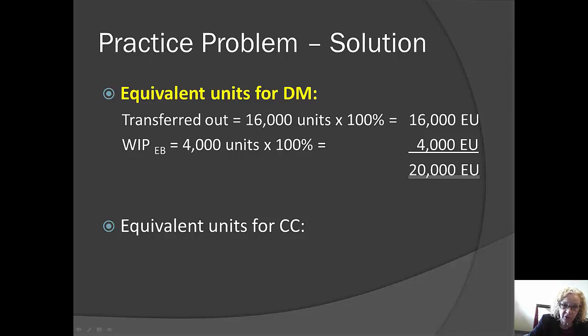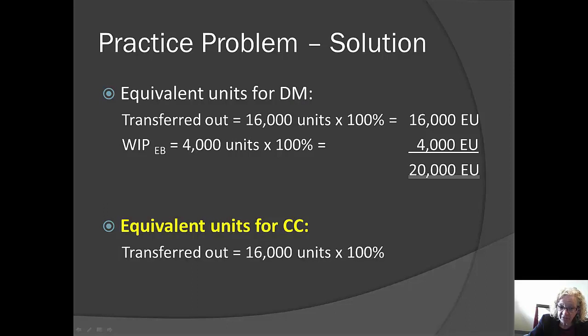What about conversion costs? Well, the units that got finished clearly had 100% of their conversion. 16,000 units, 100% complete for conversion, equals 16,000 equivalent units for conversion. What about the units that didn't get finished?